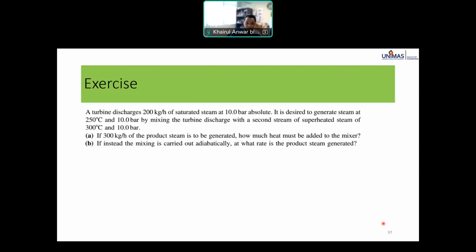The first inlet is 200 kg per hour of saturated steam at 10 bar, from the previous turbine. Then the second stream is at 300 degrees C and 10 bar, the second inlet. So the output is at 250 degrees C and 10 bar.